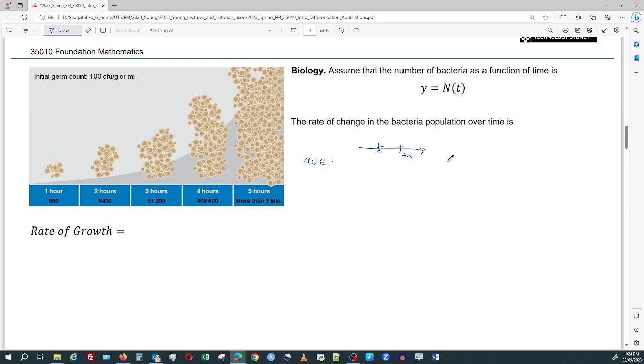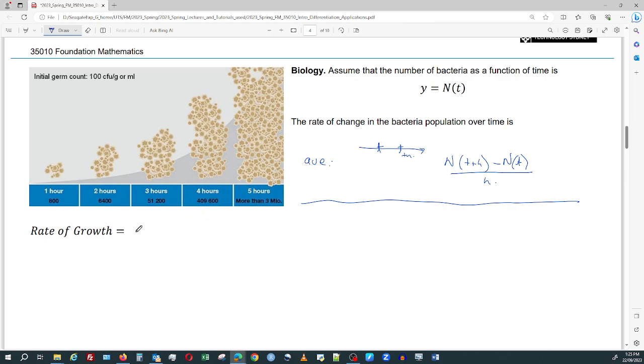So the average rate is the number at t plus h, that's our rise, over our run. That's our average.